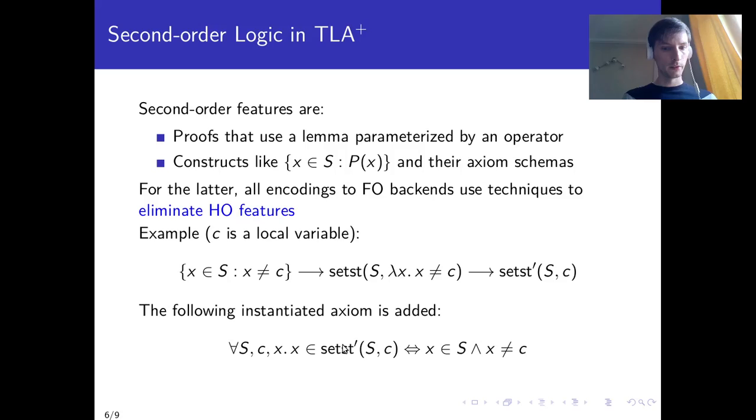And I also need to provide the axiom, the instance of the axiom schema for set comprehension for that predicate, and that's it. There are complications when some local variables are involved. See in that example, we need to make some arrangement, provide C as a parameter, but this is something that we are able to do in cases such as this one, because we know the axiom schema behind the construct.